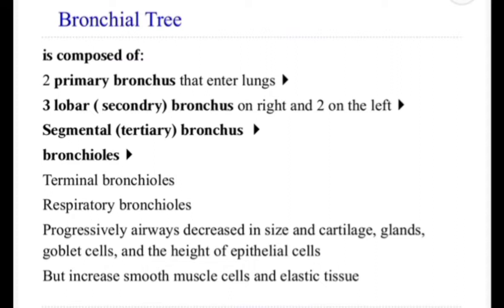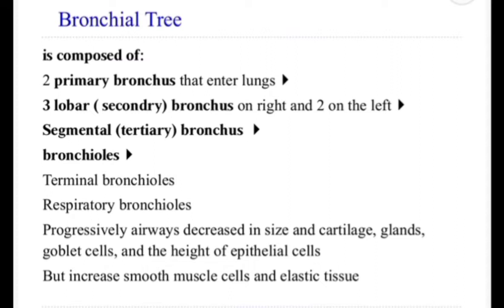The trachea divides into two at the carina, and then these two primary bronchi again give rise to three lobar or secondary bronchi on the right side and two on the left side. Next is the tertiary bronchus, that is segmental bronchi, and then they divide into bronchioles, which are the terminal bronchioles and the respiratory bronchioles.